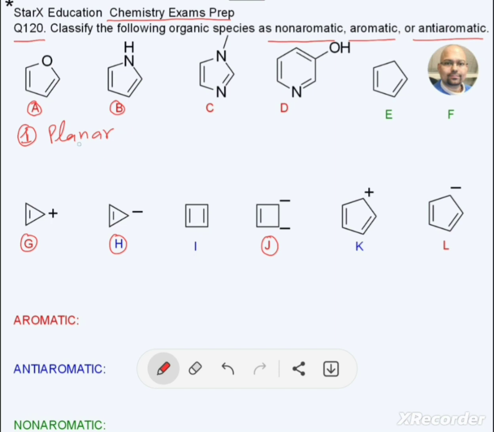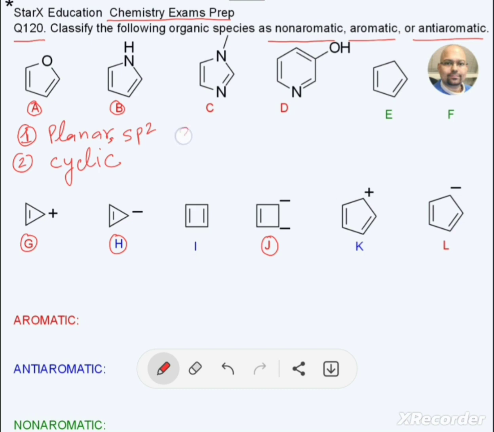That means that all the atoms in the compound must be sp2 hybridized. The second condition is that the species need to be cyclic. Non-cyclic species are not aromatic at all.